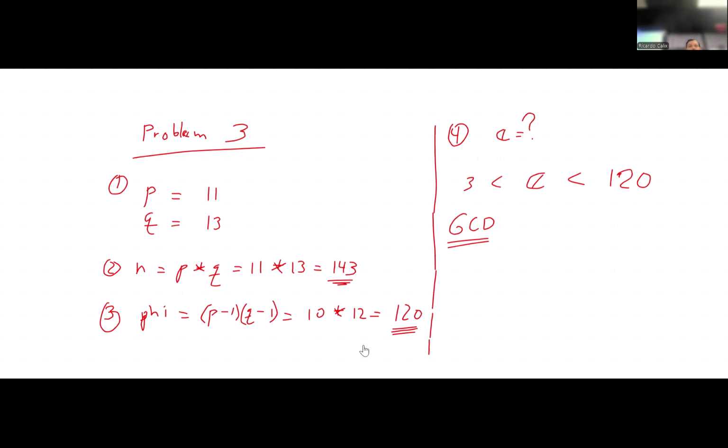Oh, here it is. I have the rule here now. So the GCD rule: select E that has a GCD of 1 with phi.